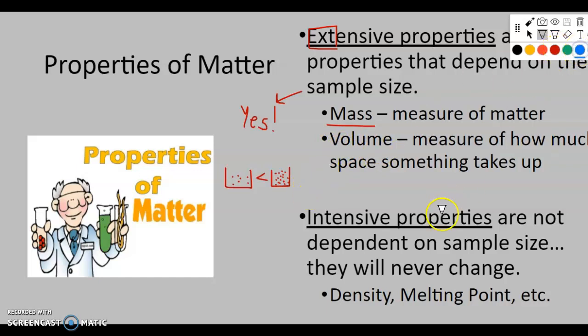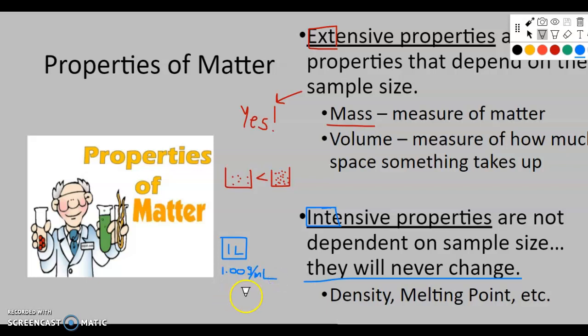Intensive properties, on the other hand, will never change. So it doesn't matter how much you have, they will remain the same. So intensive do not change. It's based on the internal pieces of the system. For example, density. Water, whether you have 1 liter of water, the density is 1.00 grams per milliliter.